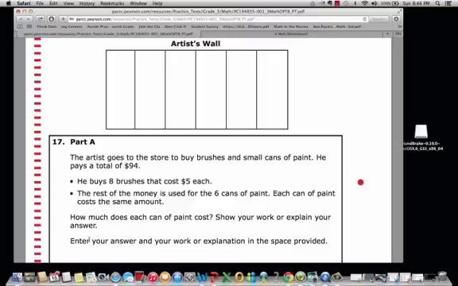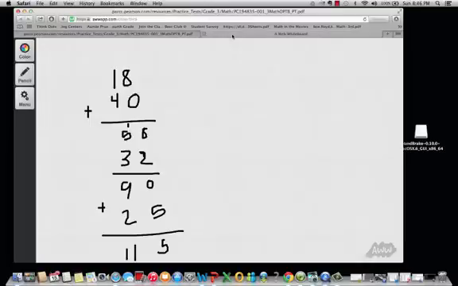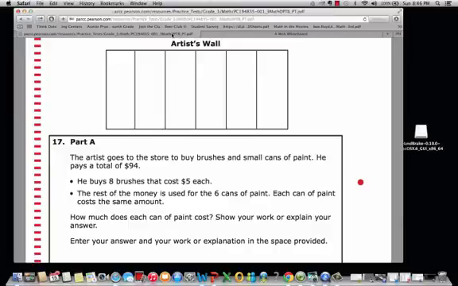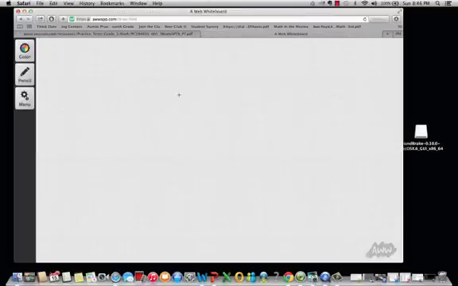So you have to subtract the cost of the brushes first. 8 brushes at $5 each would be $40 in brushes. So now I'm going to subtract 40 from 94.